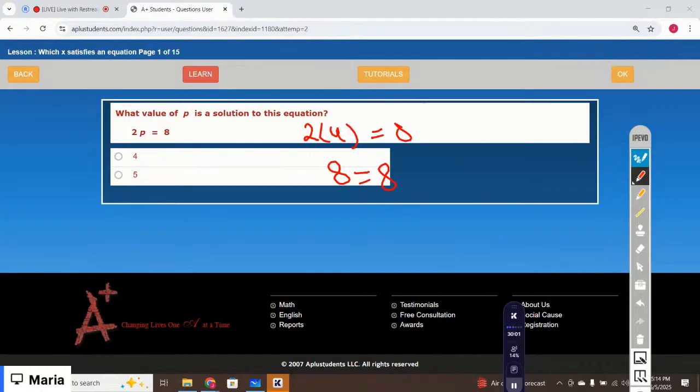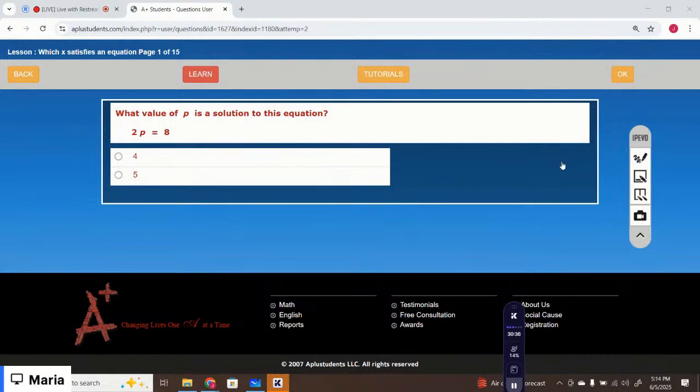So the correct option is yes, p equals 4 is the solution of the equation. Option number 1 is the correct option.